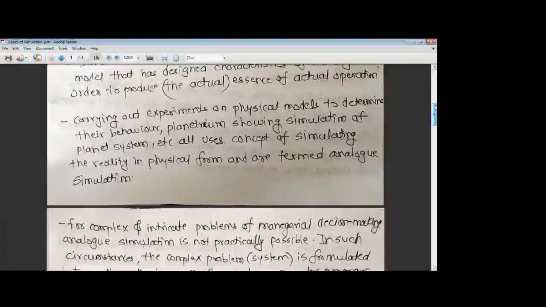Now many times what will happen is that we carry out experiments on physical models in the laboratory to determine the behavior. If you have visited a planetarium, which shows the simulation of the planet system, all of this uses the concept of simulating the reality in physical form, right?